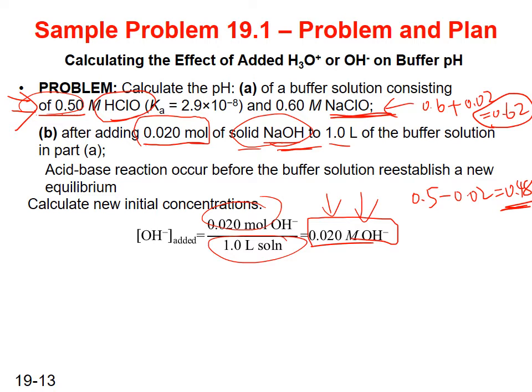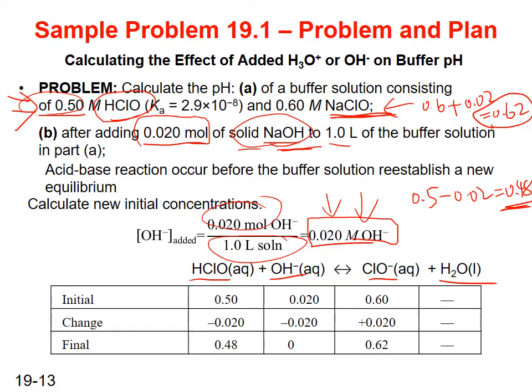But there's a formal way to do this calculation, and that is we write the weak acid plus hydroxide. So that's the acid-base neutralization when you add hydroxide, which gives you water and the conjugate base. And we also draw the reaction table. The initial acid is 0.5, the conjugate base is 0.6, and we add 0.02 hydroxide. The 0.02 hydroxide is a small amount, and the acid is in excess, and therefore the reaction change should equal the hydroxide, because that's a small amount.